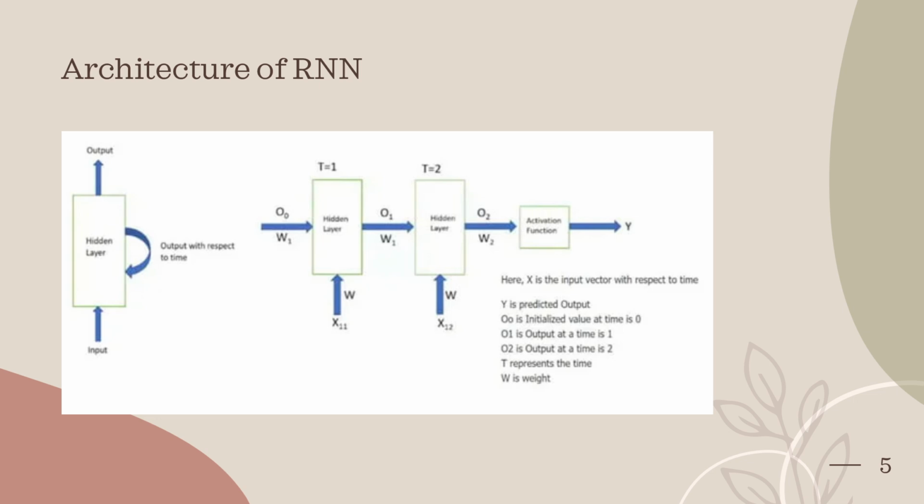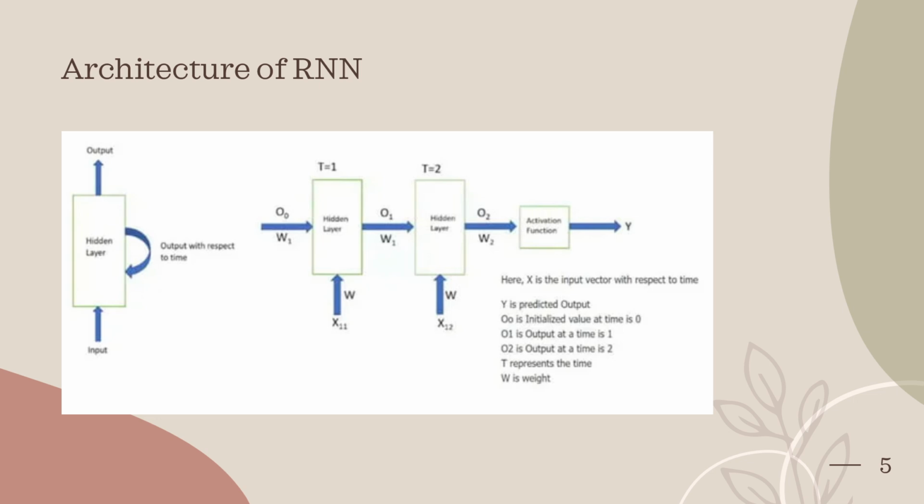Let us explain the architecture of RNN, which consists of output, hidden layer, and input, with respect to time, and the hidden layer has an activation function. Here x is the input vector with respect to time, y is the predicted output, o is the initialized value at time 0, o1 is the output at time 1, o2 is the output at time 2, t represents the time, and W is the weight.